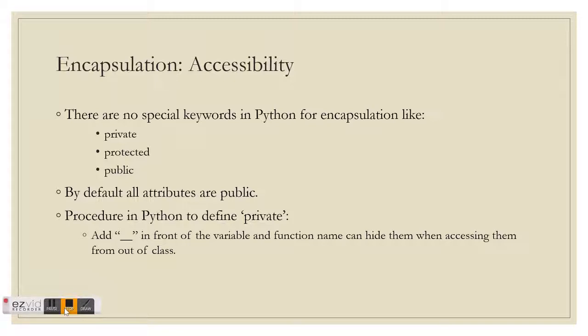Private restricts it to the class itself. In Python, all attributes and methods are therefore public by default. But there is a procedure in Python to define private. You add a double underscore in front of the variable or function name, and that hides it from the access of anyone outside that class.